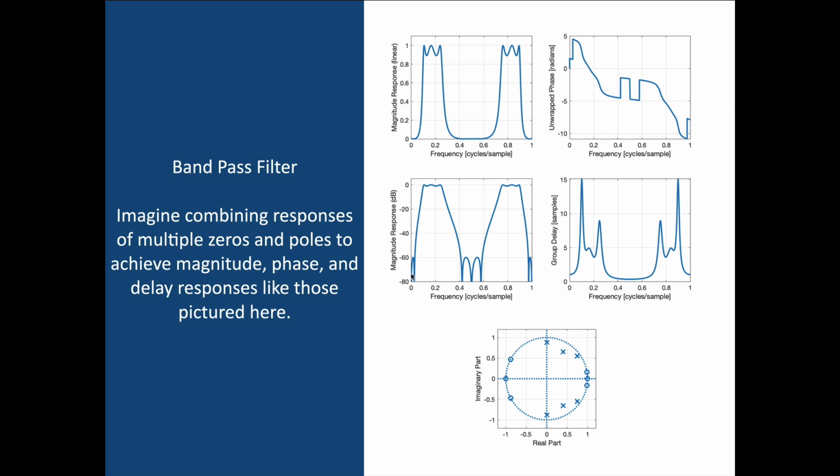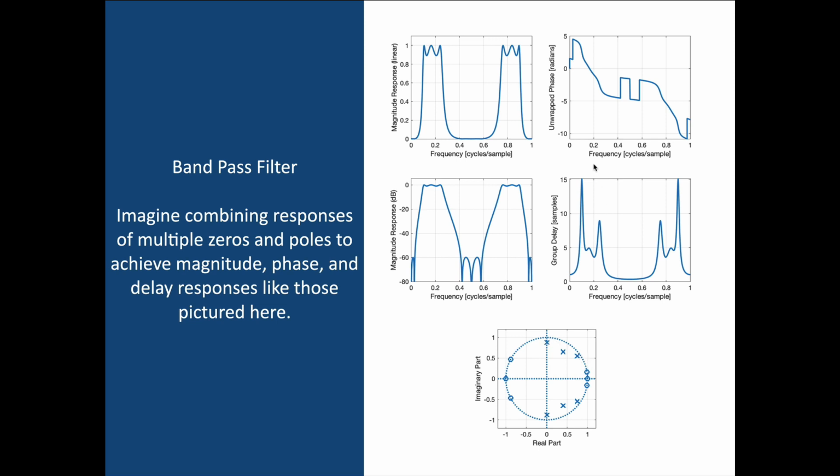So here's DC, and that other little 0 right here, that's giving us these nulls in the response out here. And then these 3 zeros, those are giving us these nulls, 1, 2, 3, out here at high frequency. And then you could count the ripples in the passband and relate that to traveling around the unit circle, passing close to these poles.